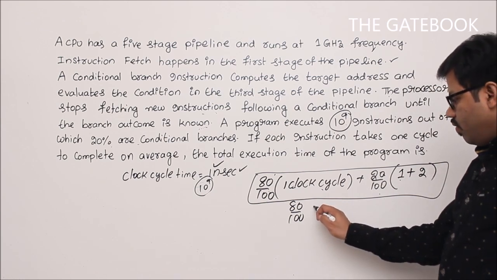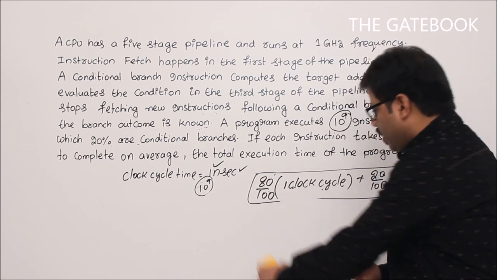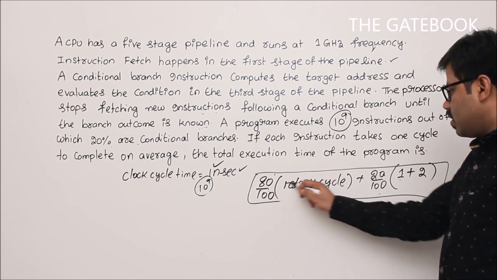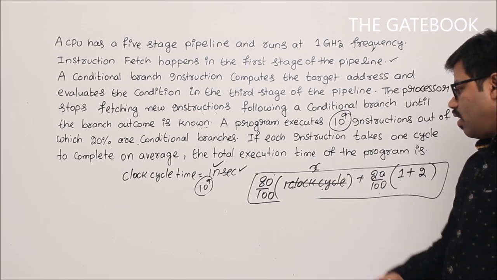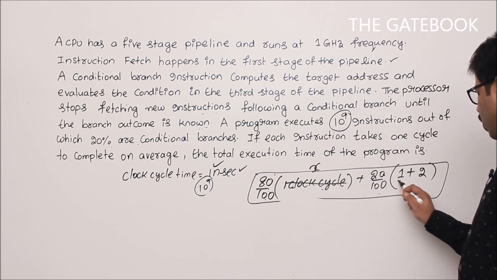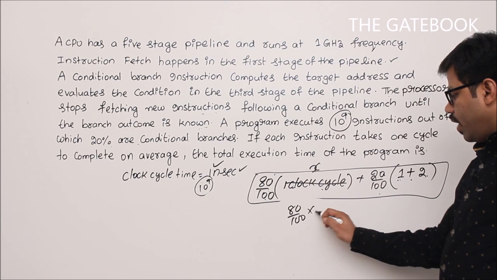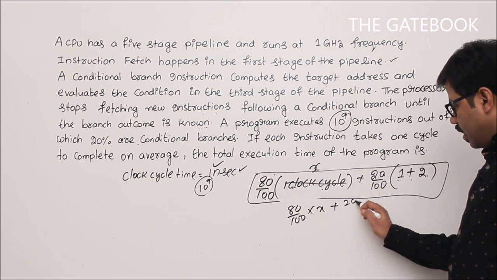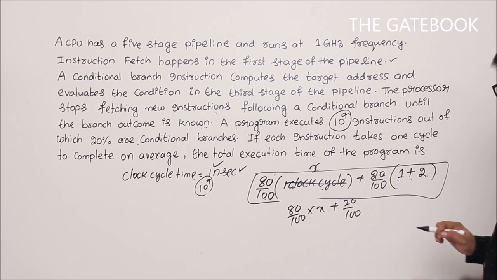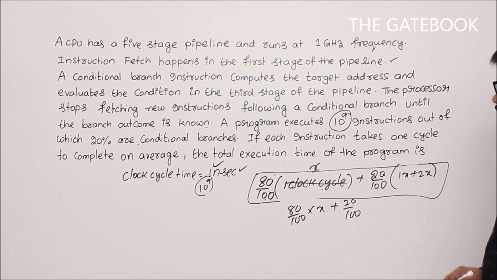Then 80% of 1 clock cycle will become 0.8. So I take 1 clock cycle as, let's say, x. Then 80% of x plus 20% of 1 plus 2, I can write 3x, correct? 1x plus 2x.